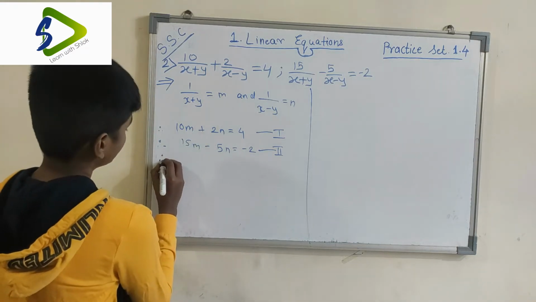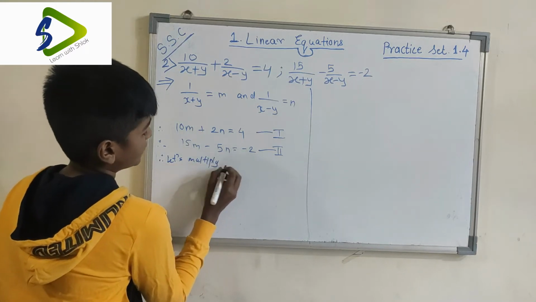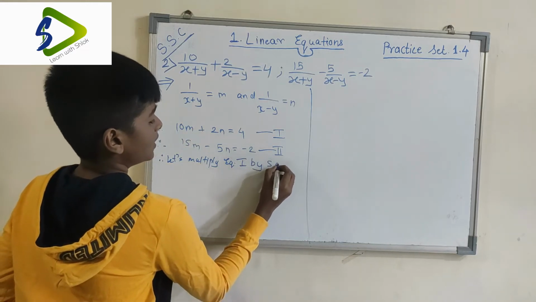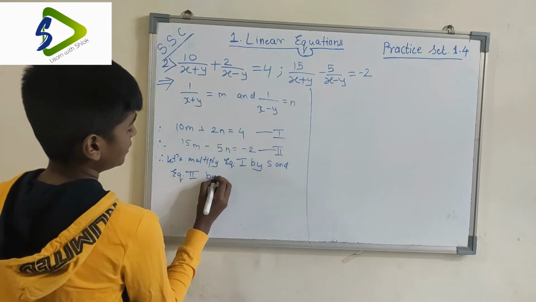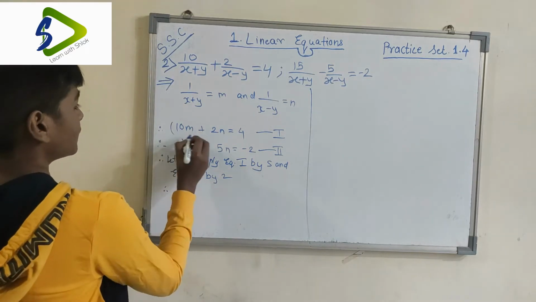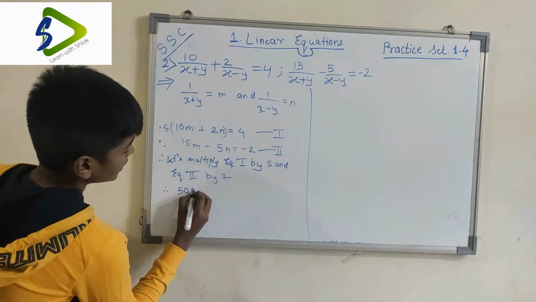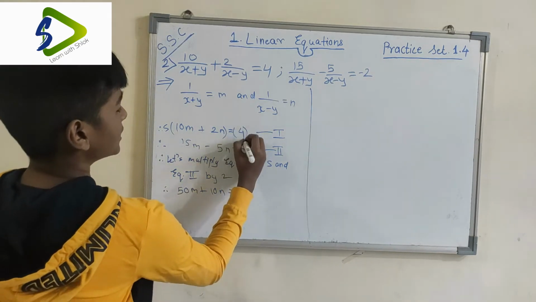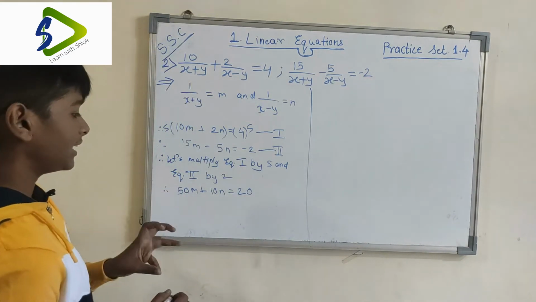So when you multiply this by 5, 5 times 10 is 50m, so 50m plus 5 times 2 is 10n is equal to, we have to multiply this also by 5, 5 times 4 is 20, so our equation becomes 50m plus 10n is equal to 20.